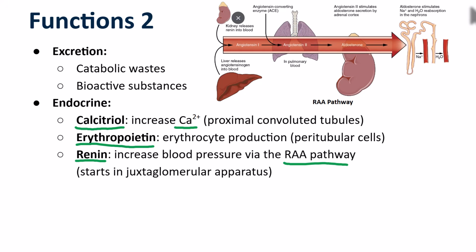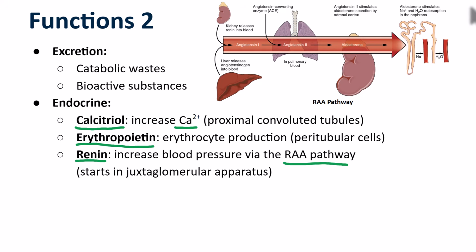The RAA pathway is a series of events in which your body responds to a decrease in blood volume. So you could have low blood pressure, you could be hemorrhaging, for whatever reason. If blood pressure is very low, juxtaglomerular cells can secrete renin.